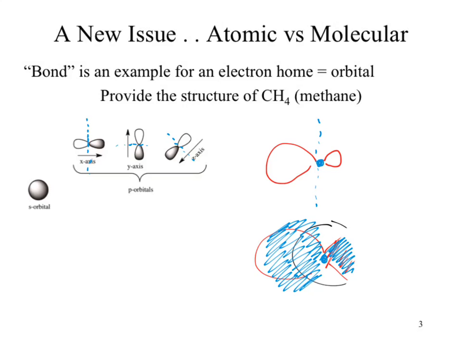There's a node in the p orbitals, which means electrons can't exist there. That's naturally going to be a higher state. The more nodes we have, the higher in energy. We want our electron to have as much free motion as possible. So our p orbitals will necessarily be higher in energy than our s orbitals.